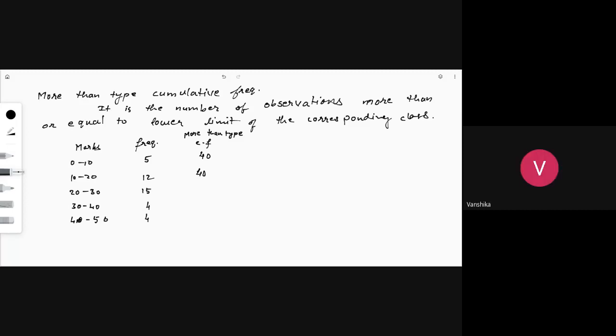So 40 minus 12 will be the second frequency. 40 minus 12. Anyone else? So then 40 minus 12 minus 15, all the frequencies will be subtracted as we go down.